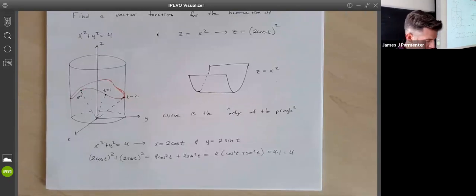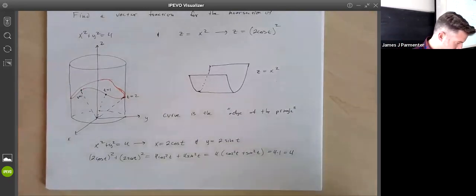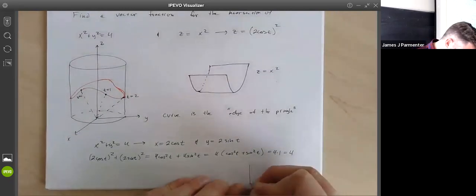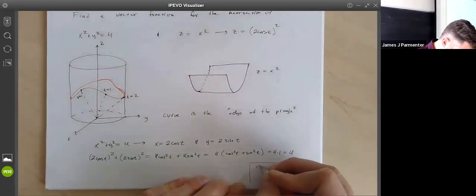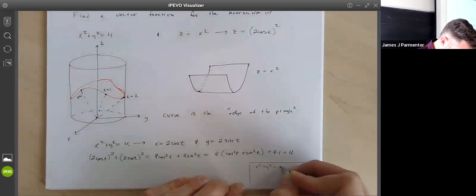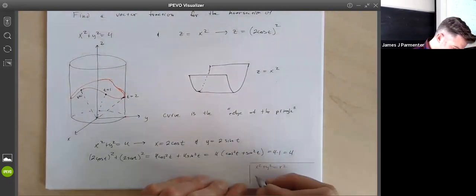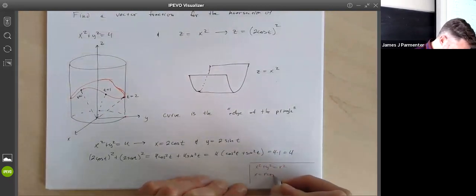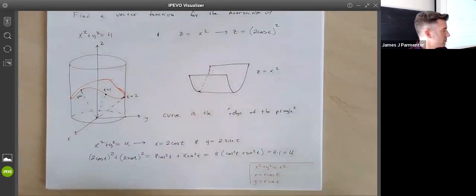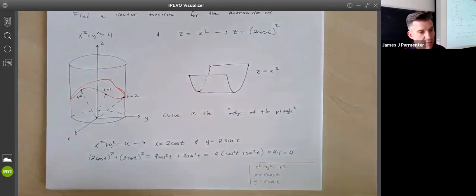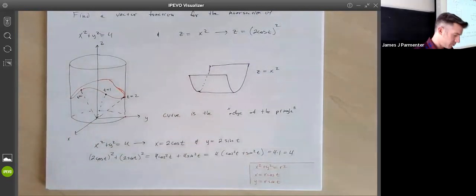Correct. So more generally, if you have the circle x squared plus y squared equal to r squared, you can always make the choice that x equals r cosine t, y equals r sine t. It's always going to work. And you can probably even usually switch them. We just don't.